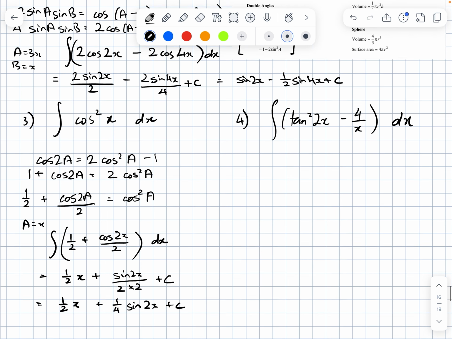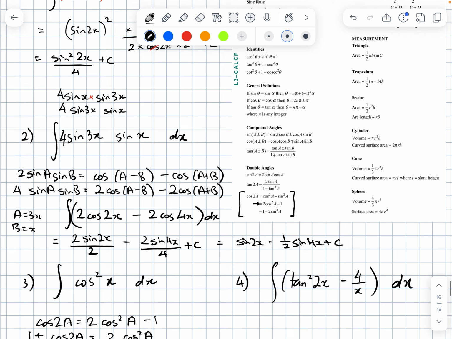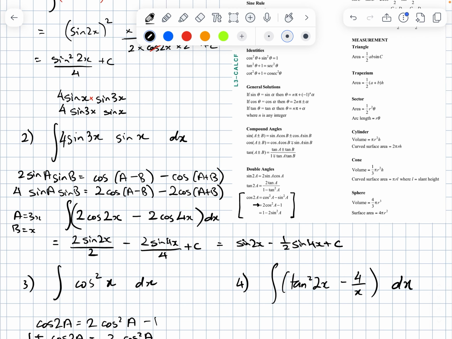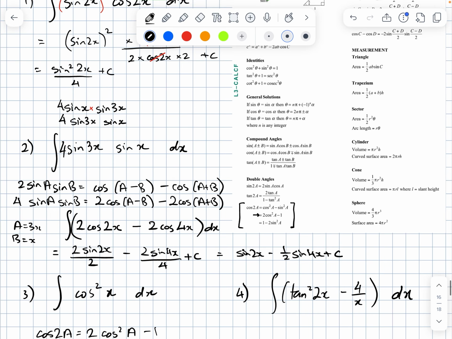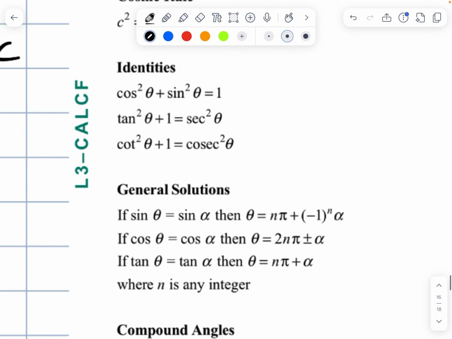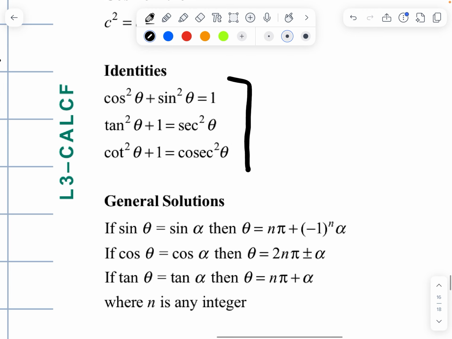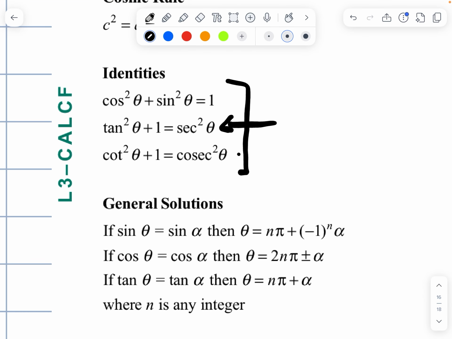A final question is integrating tan squared x. Well, tan squared x does not have a derivative partner, but if we look at our identities, we can see that tan squared is paired with sec squared. Sec squared does have an integration. Sec squared integrates to tan. Now this will be the same if you have cot squared.